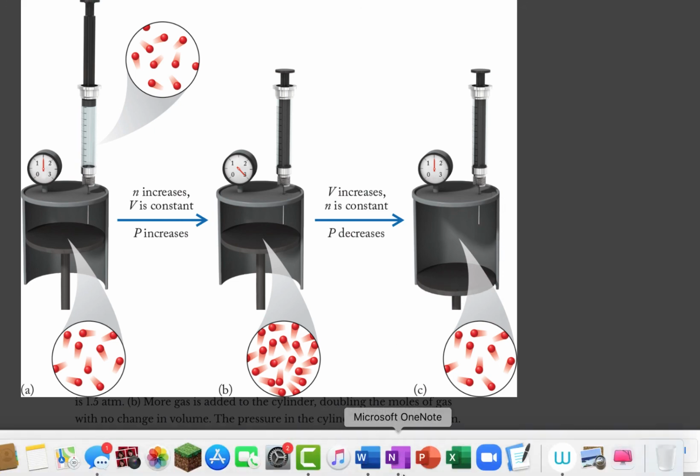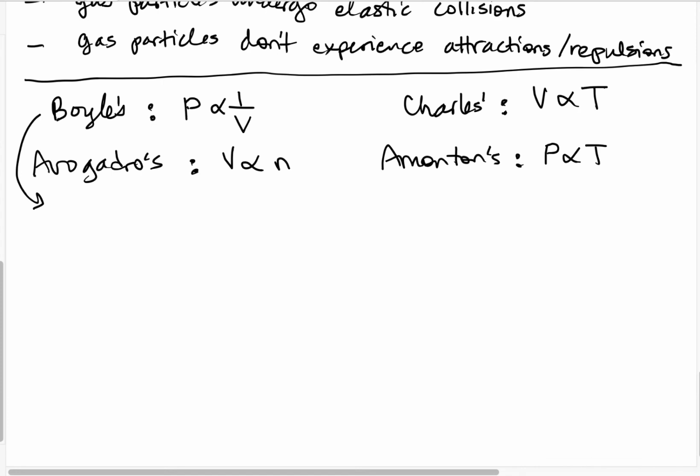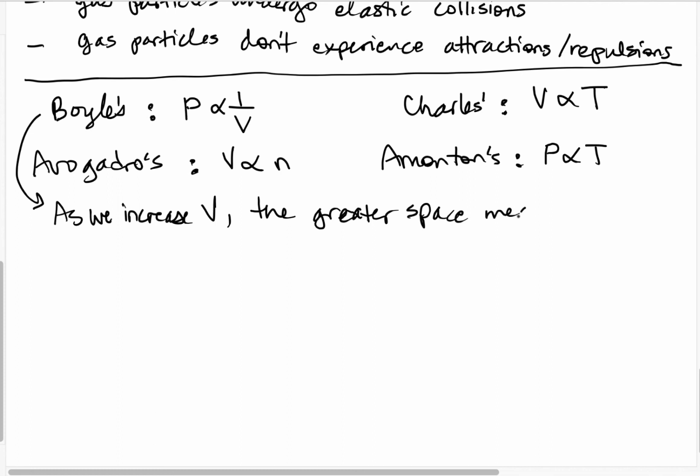So if we go back to our idea here, as we increase the volume, the greater space means fewer collisions with the surroundings.